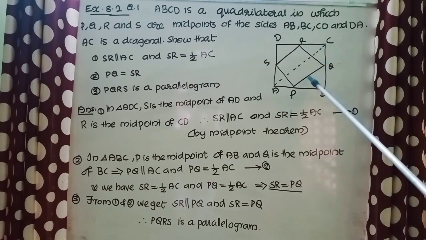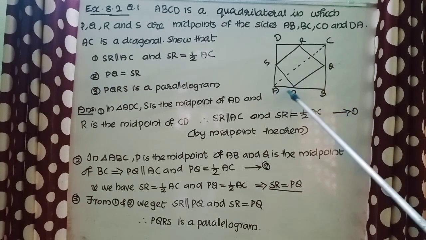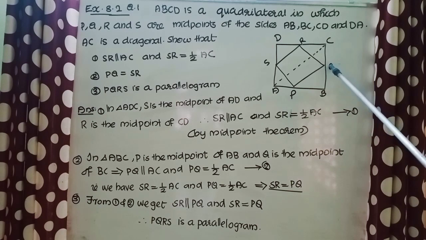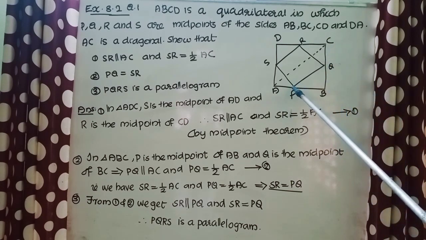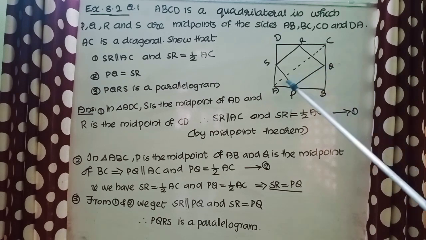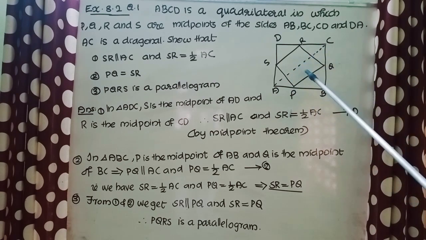Now you consider this triangle ABC. Here you can see this P is the midpoint of AB and Q is the midpoint of BC. So by midpoint theorem we can say this PQ parallel to AC and PQ equal to half AC.